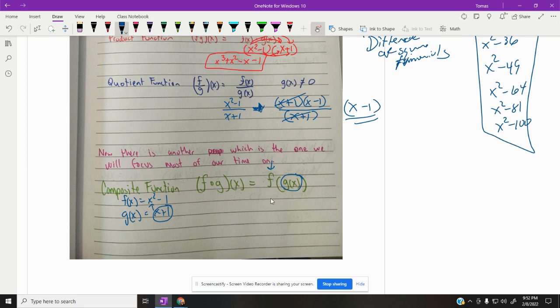The way I like to do this is you get your outside letter. In this case, it's f. So you get your f function, and wherever you see the variable, you put parentheses. Then whatever's on the inside, in this case it's g, that function is what goes inside the parentheses.